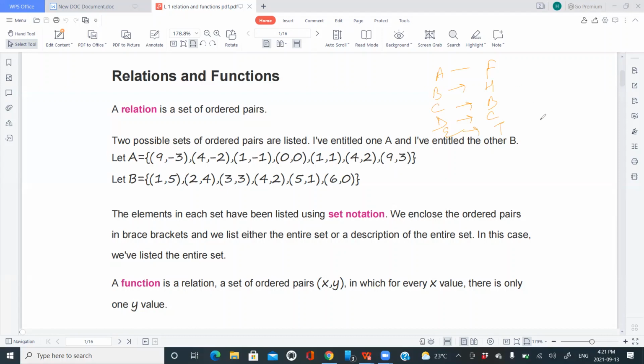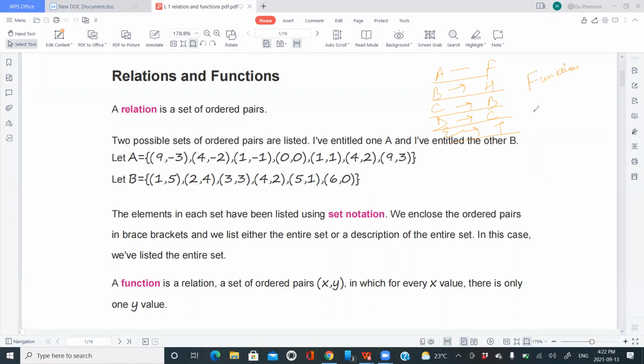So these are the ordered pairs. One more thing: each person likes a single and unique game. No game is repeating, right? So I can say this is an example of a function, right or not?